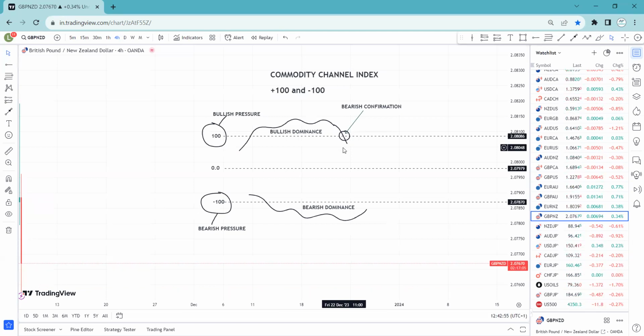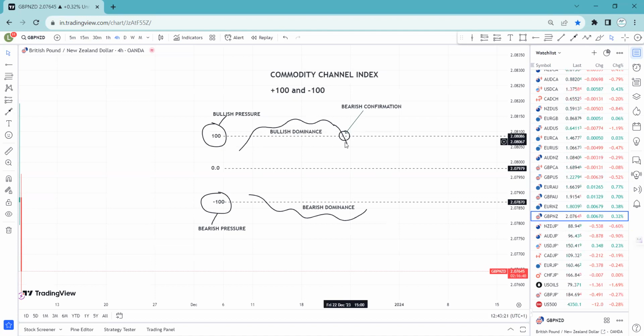So it is only when the CCI goes above and comes back below positive 100 that we get a bearish confirmation. Let me say that again. It is only when we see the commodity channel index go above the positive 100 and come back below. The point it comes back below the positive 100 is when we see a bearish confirmation.